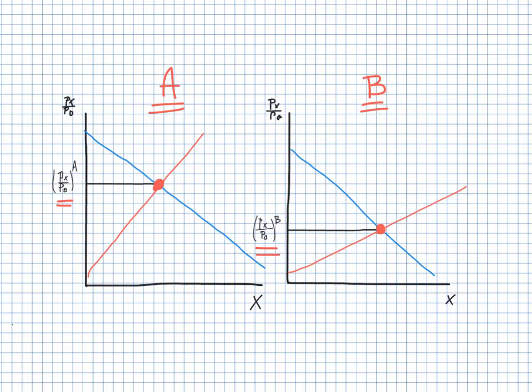So, if I were to draw how that would look, when they start trading with each other, one country will export the good. Of course, the exporter will be the one that has a relatively low relative price of X, and the importer will be the one with a relatively high price.